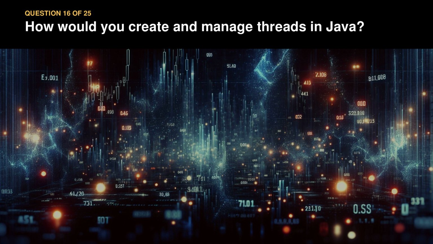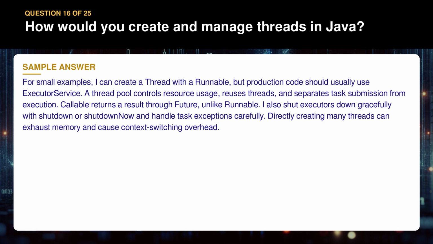Question 16. How would you create and manage threads in Java? For small examples, I can create a thread with a Runnable, but production code should usually use ExecutorService. A thread pool controls resource usage, reuses threads, and separates task submission from execution. Callable returns a result through Future, unlike Runnable.